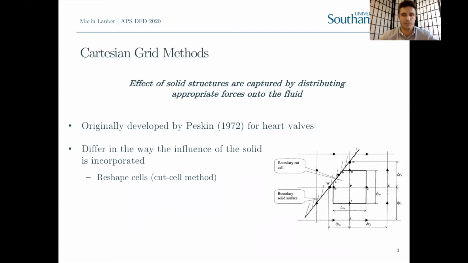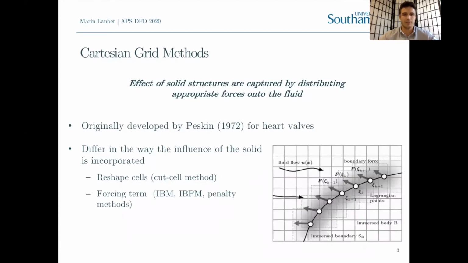If you reshape the cells that are cut by your fluid-solid interface, you have what's called the cut cell method. Those methods work pretty well because they are efficient at imposing the boundary condition. But once the structure starts to move a lot, you can have all sorts of instabilities due to cells disappearing or appearing. It's also quite hard to calculate all the possible intersections between your interface and the cells.